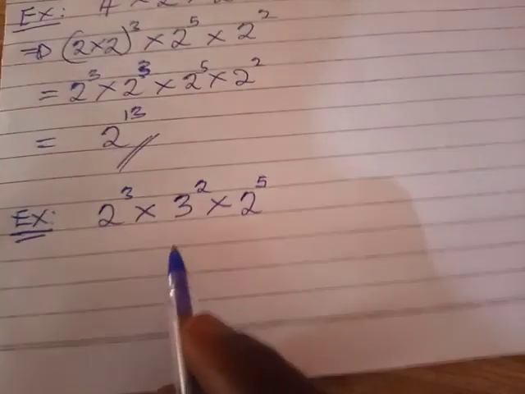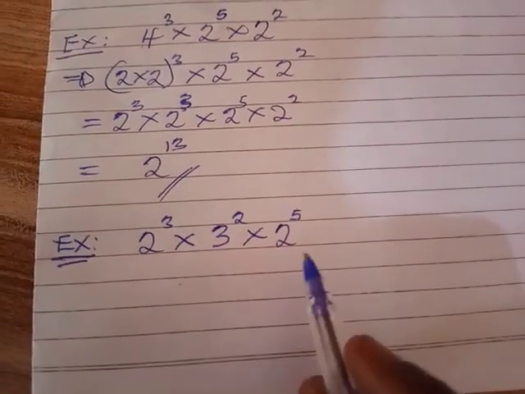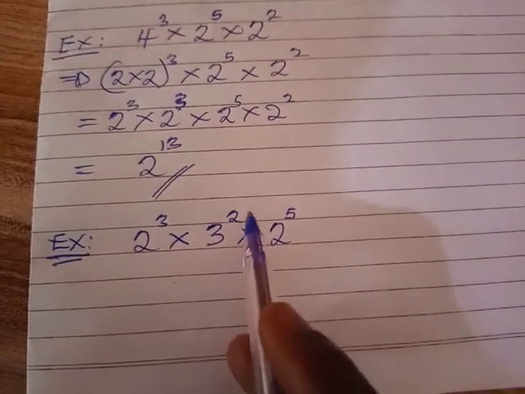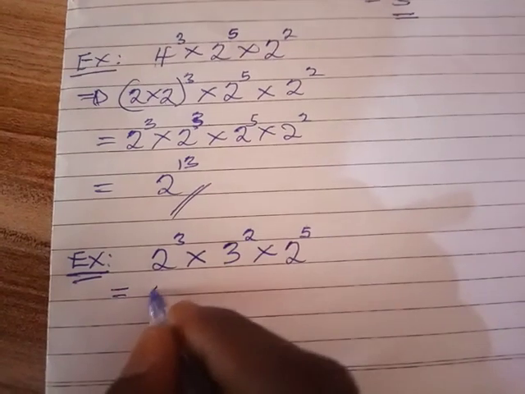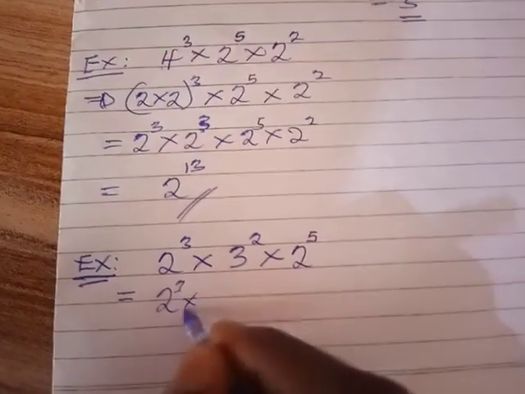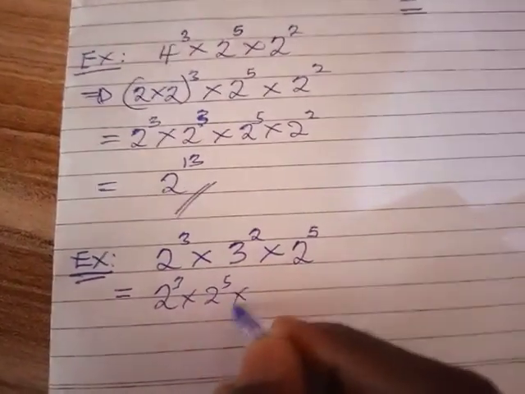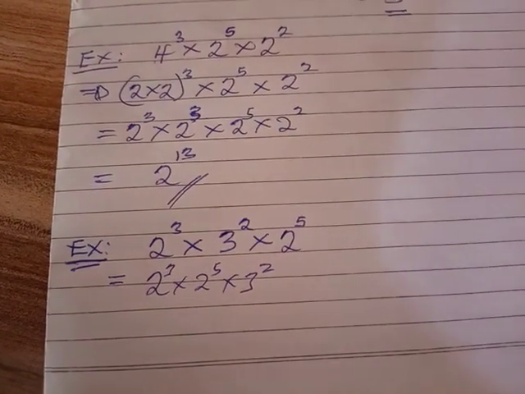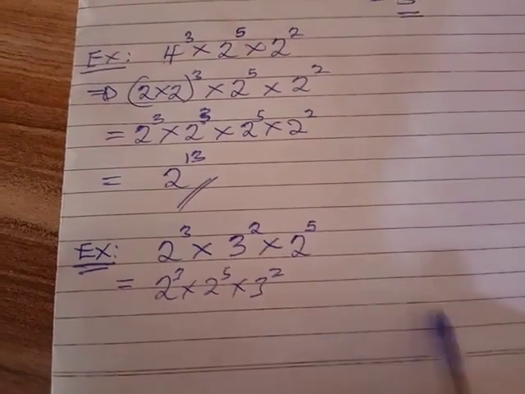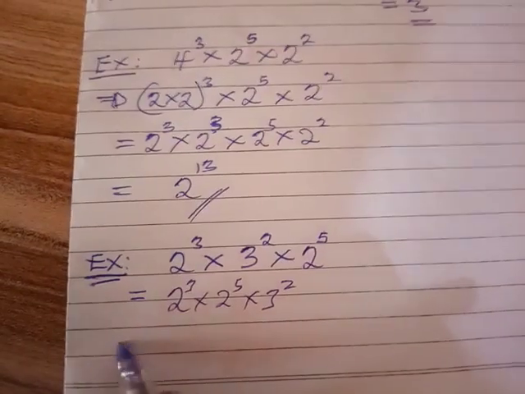Now let's look at this example. We have 2 exponent 3 multiplying 3 exponent 2 multiplying 2 exponent 5. With 2 exponent 3, 2 exponent 5, and 3 exponent 2, we just group. Those with base 2 go to one side, and those without base 2 go to the other side.